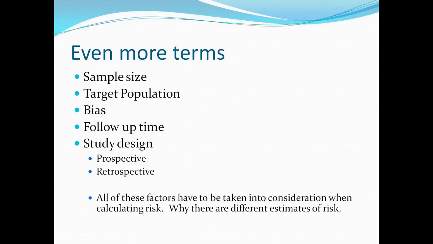And so it's important to see that all the studies are showing that the exposure being studied is having the same effect on the outcome. It's just that the exact point estimate depends on all these different factors, and that's why different numbers get reported.